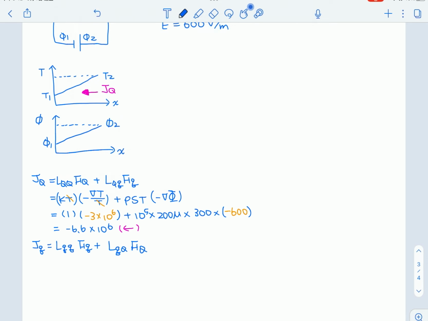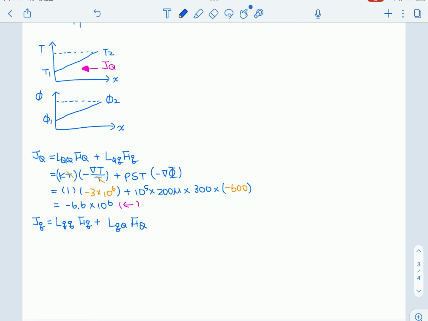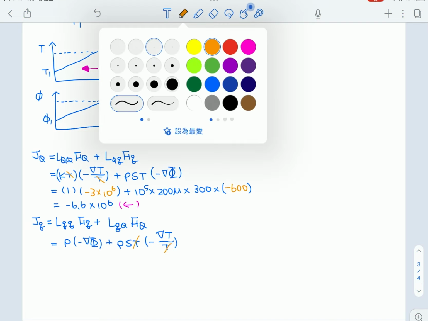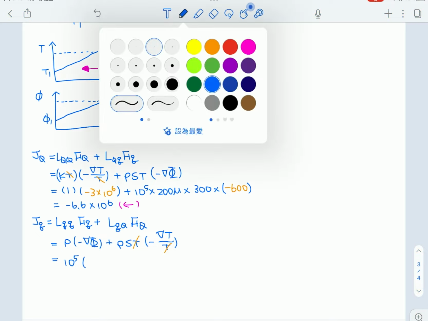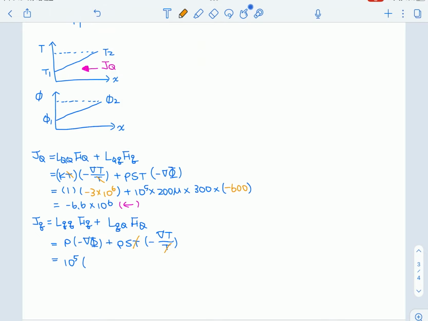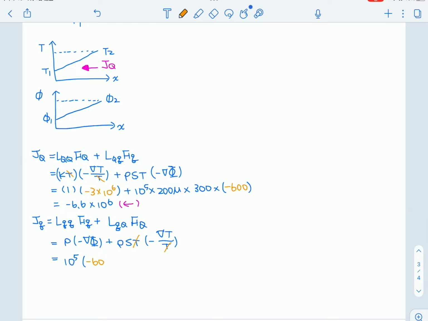Then let's move to the current density part. What's the L small q? It's rho, with the electrical potential gradient minus, and also rho S T, with the temperature gradient divided by T. Then you just take the T and fill in everything. Rho is 10 to 5. The minus electrical potential gradient is minus 600.